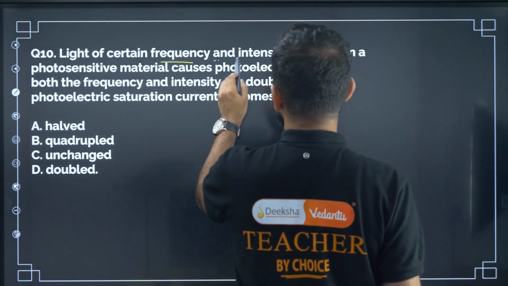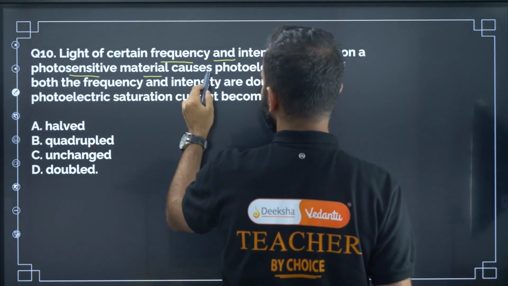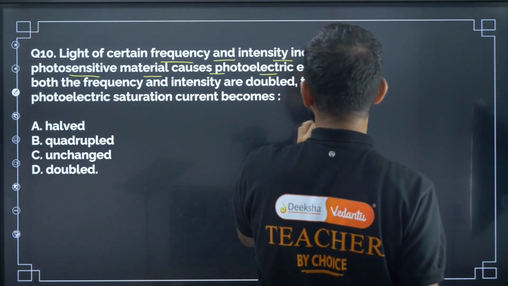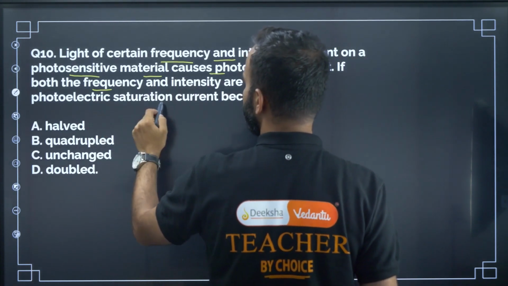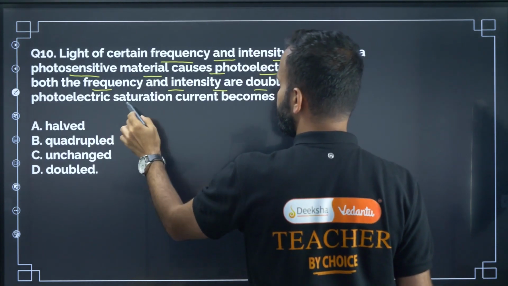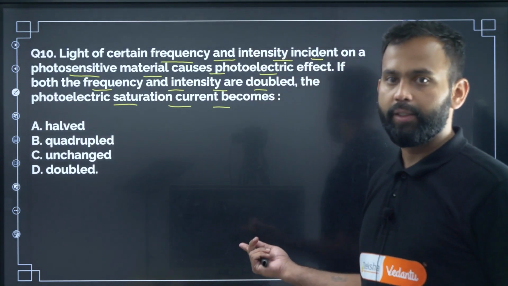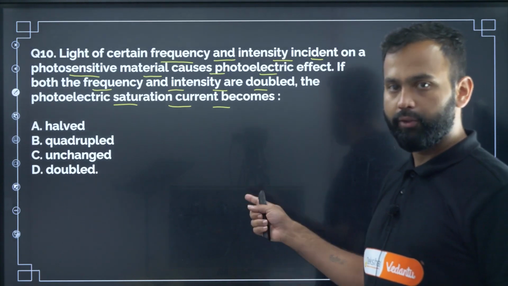Light of certain frequency and intensity incident on a photosensitive material causes photoelectric effect. If both the frequency and intensity are doubled, the photoelectric saturation current becomes? Again, the question is repeated; in CET also it is repeated.